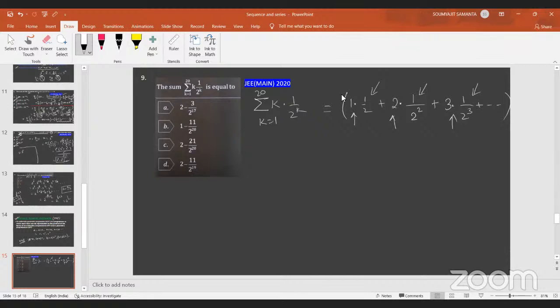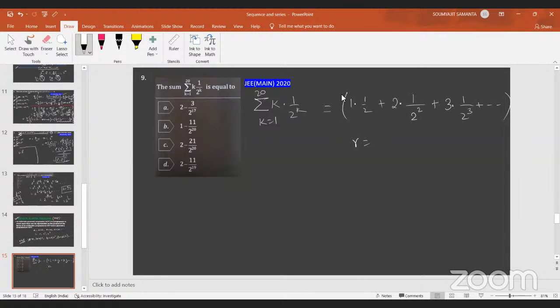If it is of this form, like in AGP, just find the common ratio of the GP terms. What is the common ratio of GP? R. What is R here?